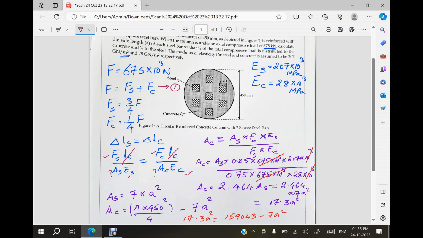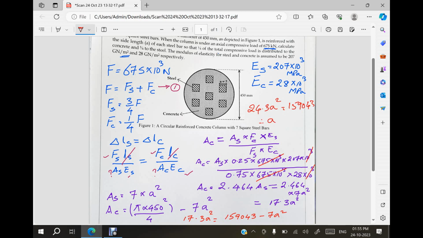So now if I take 7A square onto the other side, it becomes 17.3 plus 7, that makes me 24.3 A square. 24.3 A square is equal to 159043.